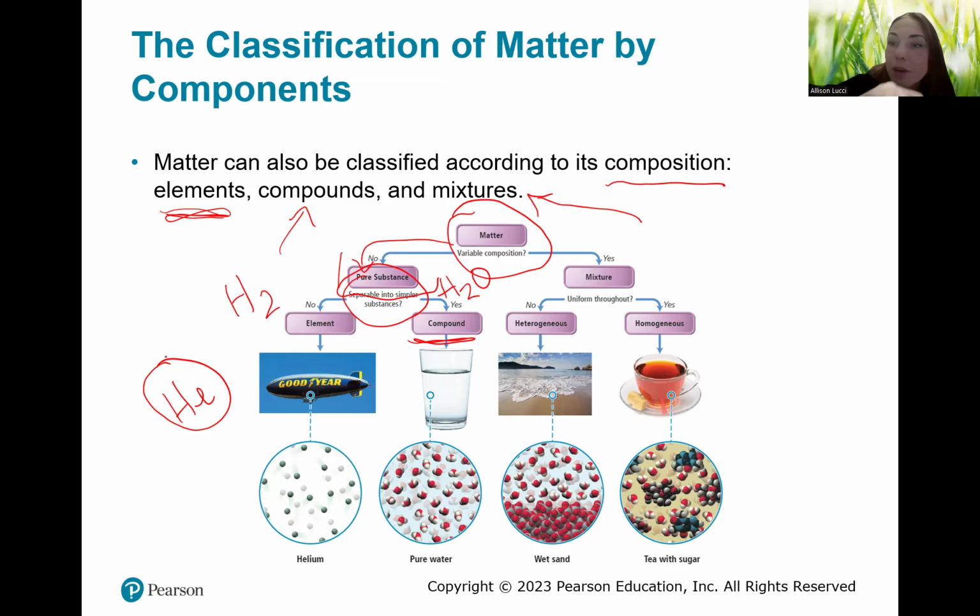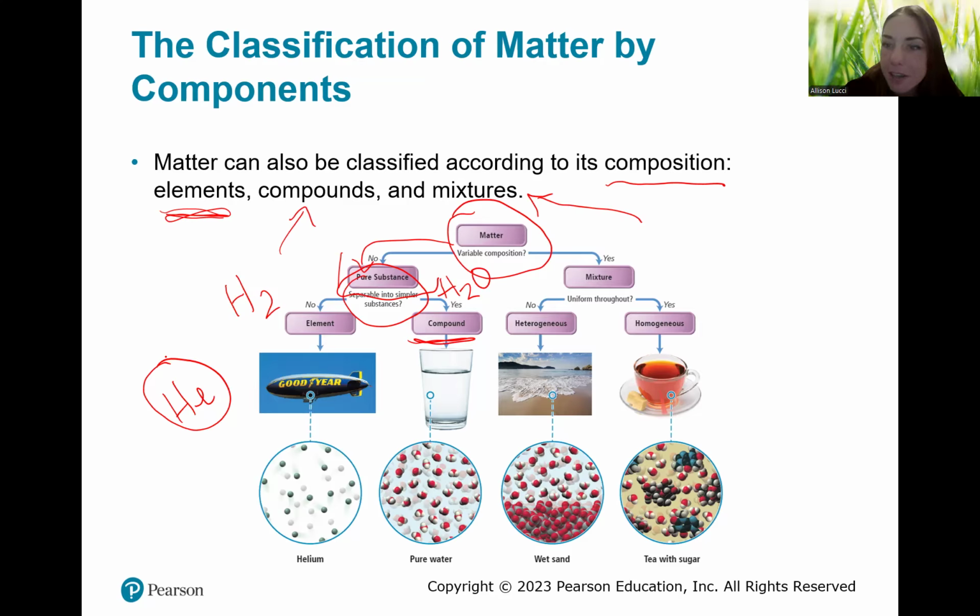But H2, hydrogen gas rather, takes on a diatomic molecular form in its elemental state, but both of which are considered pure substances and elemental versus our pure substances that contain two or more elements. So that's on the pure substance side.